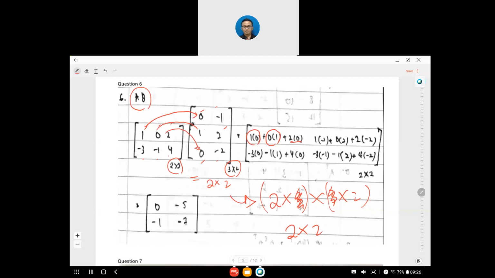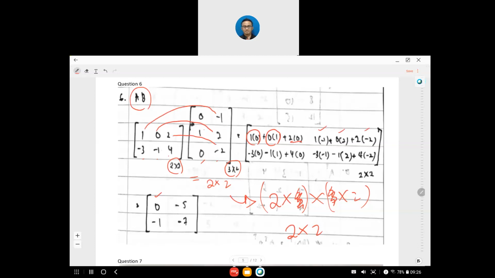So you get 0 for this one. And then the second one, 1 times negative 1 here, and then 0 times 2, and then 2 times negative 2, this one.